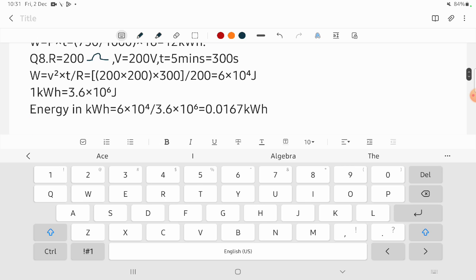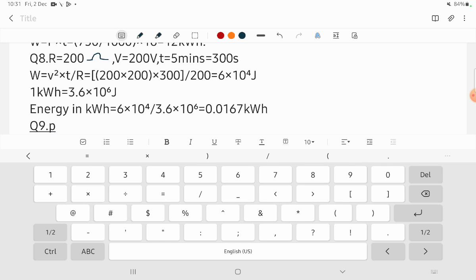Next, question number 9. A bulb rated 12 volt 24 watt operates on a 12 volt battery for 20 minutes. Calculate the current flowing through it and the energy consumed. So current flowing through it, you have to use this formula.